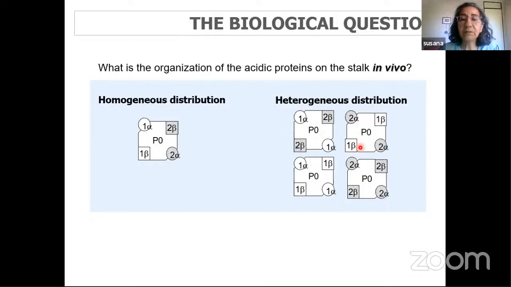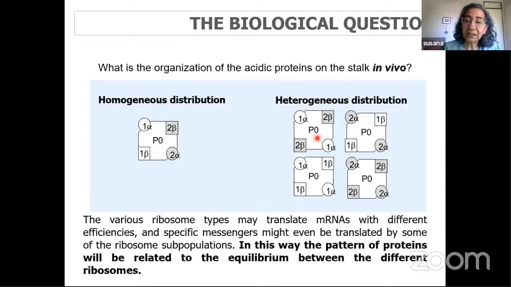Because you can imagine a population of ribosomes with different acidic proteins. And then if each of these ribosomes translates different RNAs, they will create a pool according to the equilibrium between the different ribosomes. So that is a pretty nice way to regulate the pool of protein in the yeast.